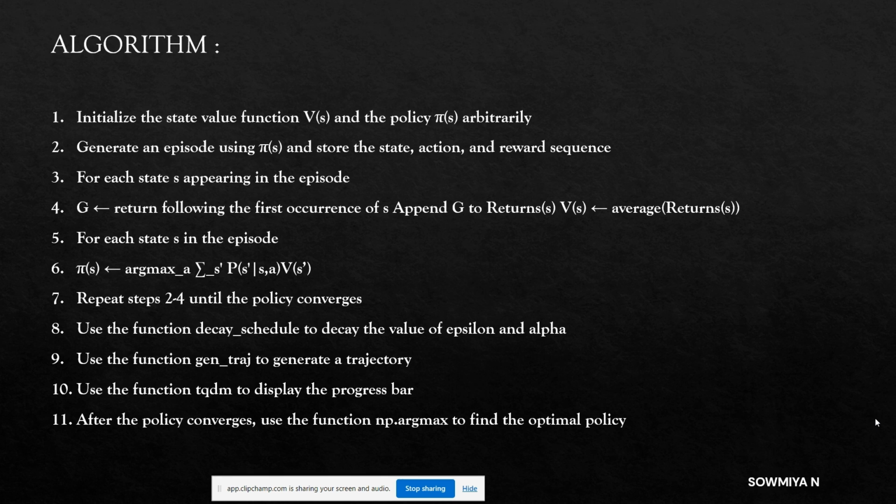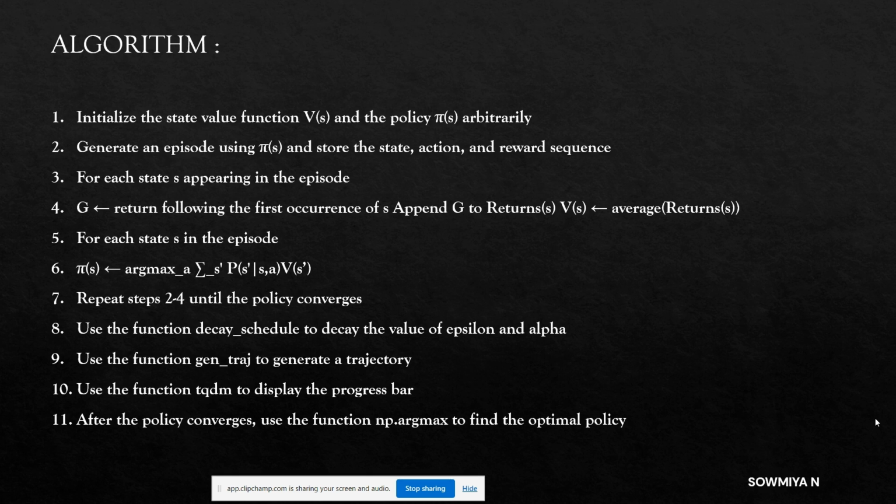Then we use a function named decay schedule to decay the exploration parameter epsilon and the learning rate alpha over time. Then we generate the trajectories, which are nothing but the sequence of states, actions, and rewards for the training. Then we visualize the progress of the algorithm using a progress bar, providing feedback on the number of episodes completed.